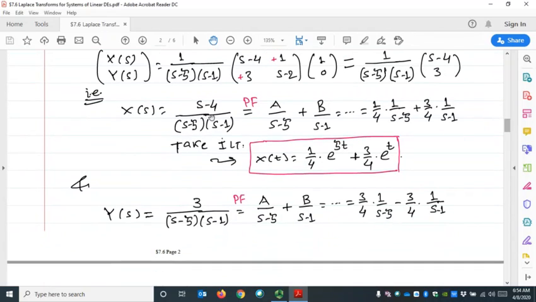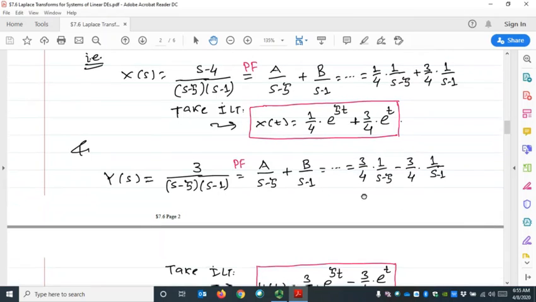Now similarly, let's solve for capital Y and take inverse Laplace transform of capital Y and get little y of t. So capital Y of s equals 3 over same denominator, use partial fractions where a and b are constants. Then a turns out to be 3/4, b turns out to be negative 3/4.